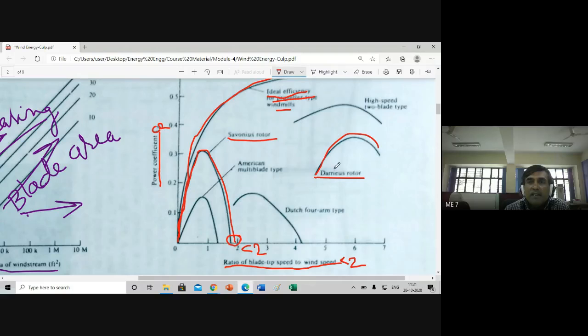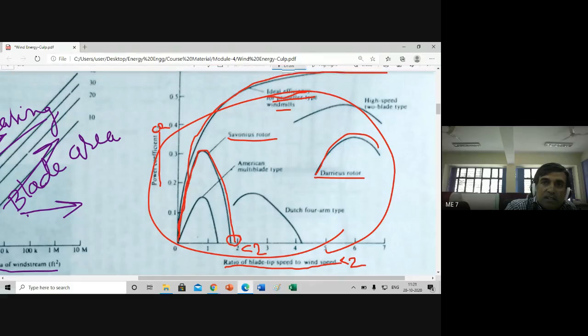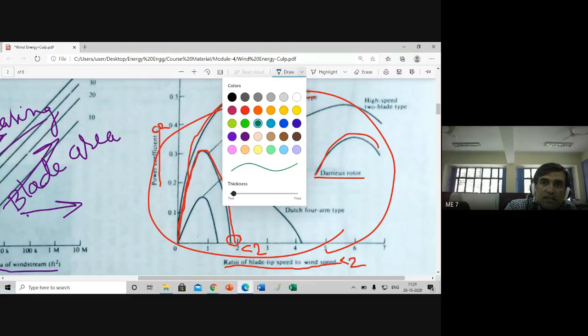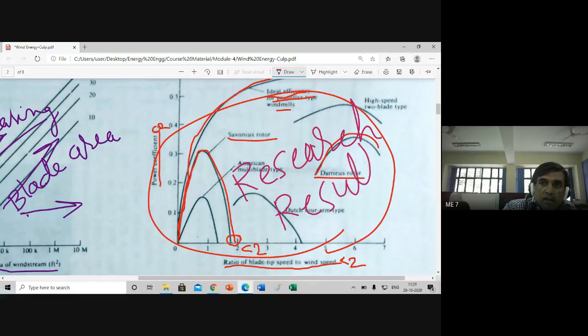All these are research areas, research results.